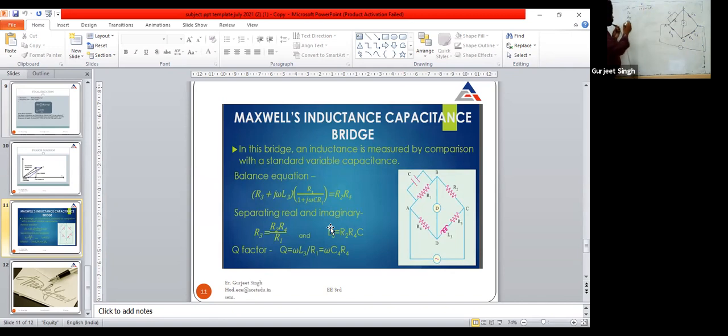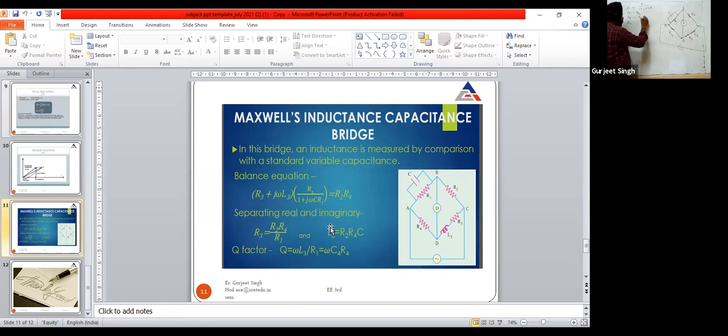Next, we have Z2. Z2 is the only resistance between the points B and C, denoted by R2. Then Z3. In Z3, we have R3 in series with L3.